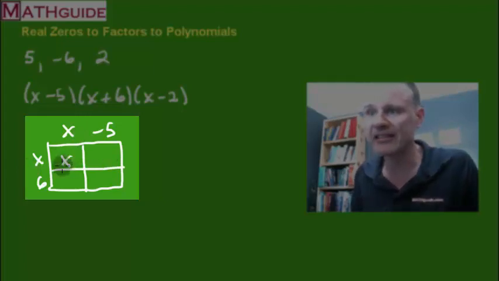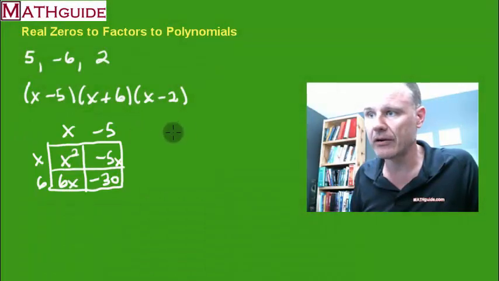These tables are convenient because you multiply columns times rows, and that's what I'm doing here. When you're done, you combine like terms. I can combine these two terms to get x. So I get x squared, x, and a minus 30.